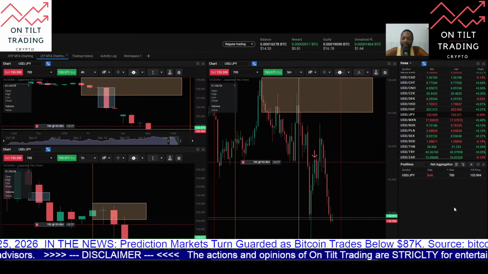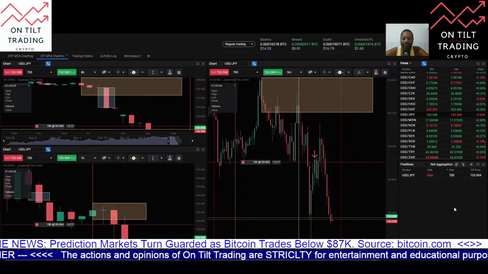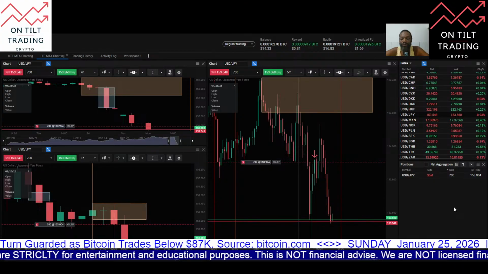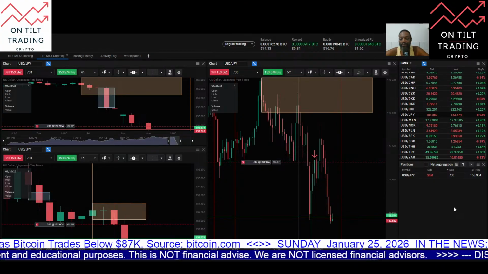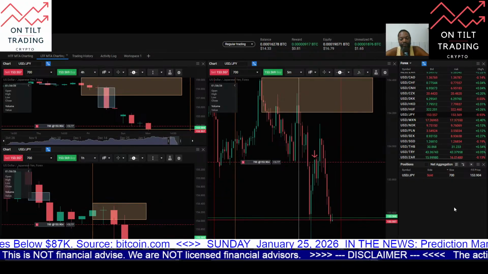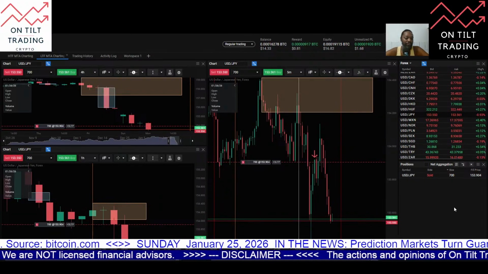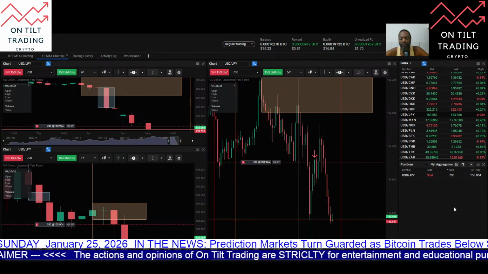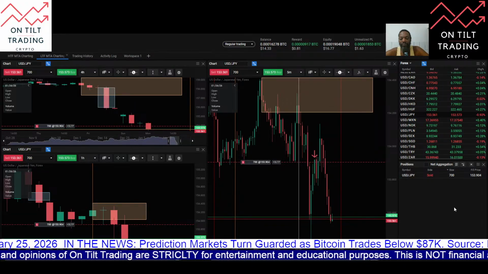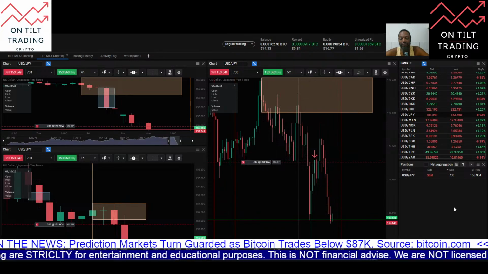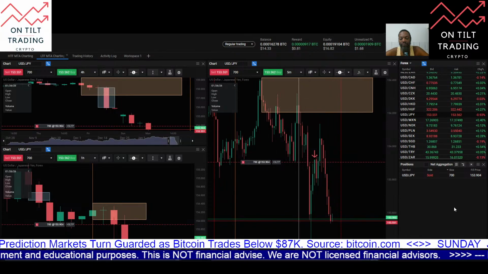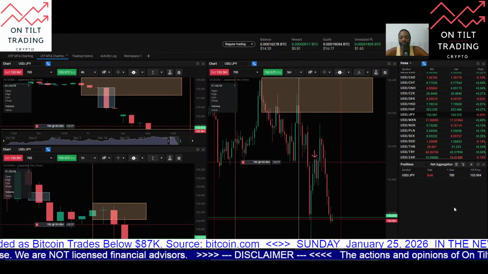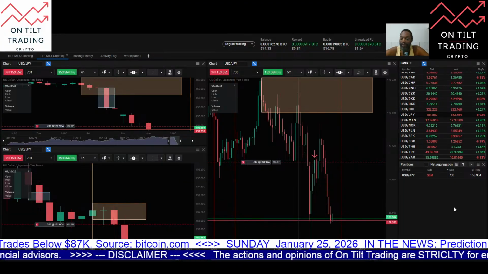Price here still consolidating between the 153.550 and 153.580 levels.